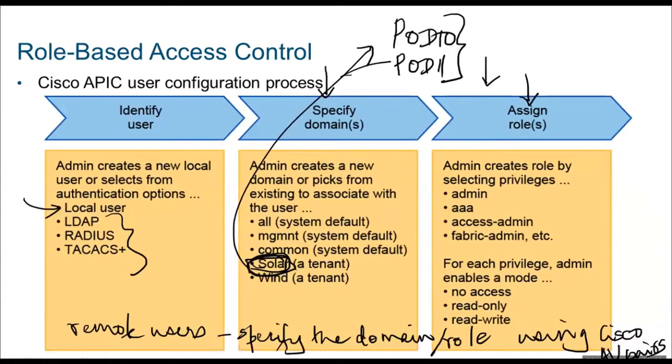You can tag a tenant with a security domain, but within the tenant, you really can't have any other object tagged with a security domain. You can tag your VMM configuration, which is the virtual networking menu, with a security domain.